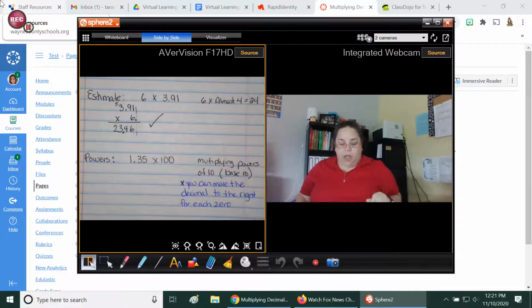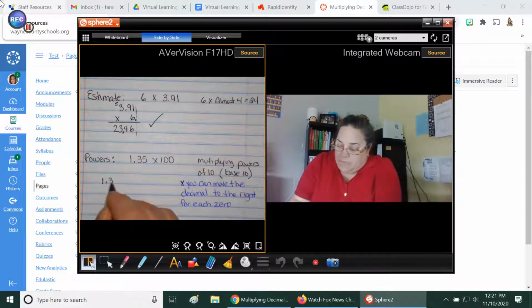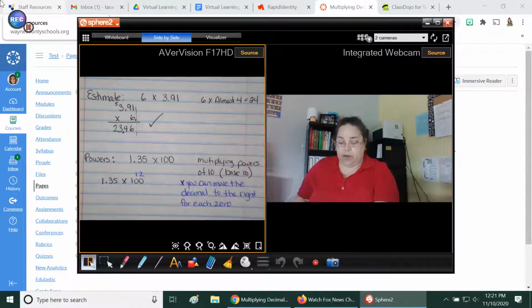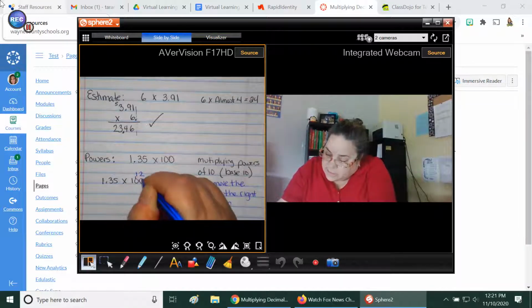Essentially, I'm going to rewrite it over here: 1.35 times 100. What I'm saying is I have 1 zero, 2 zeros. I'll draw a little line so that you can see that's not 12.